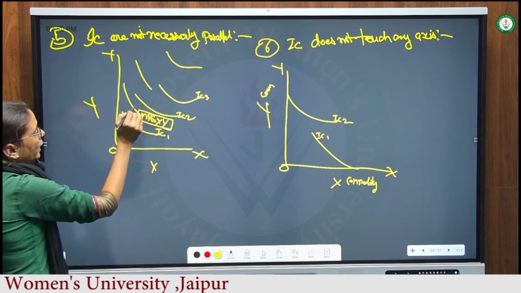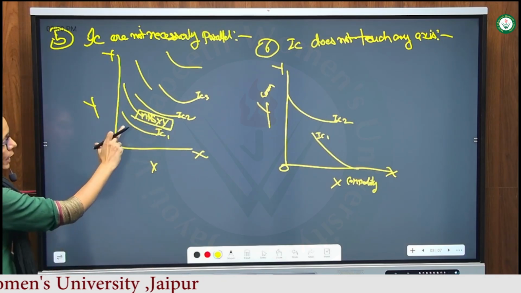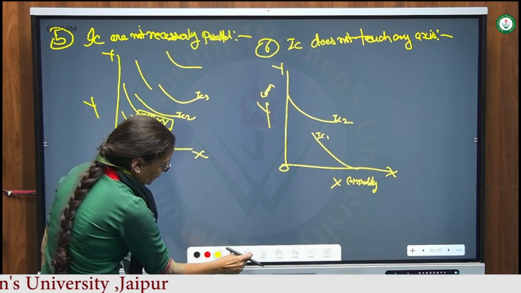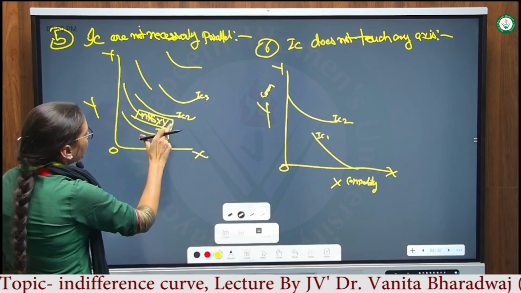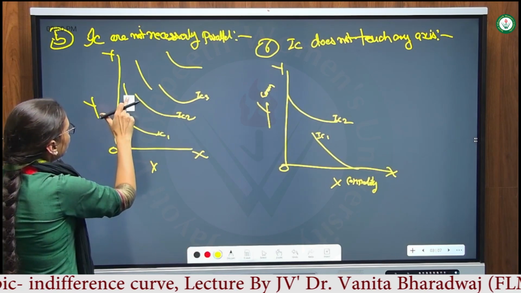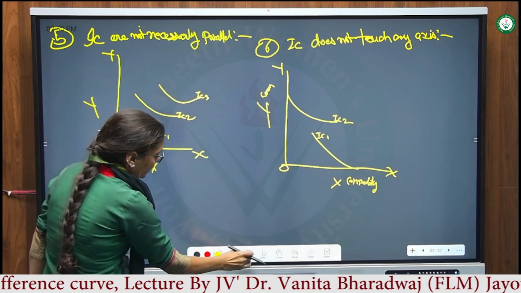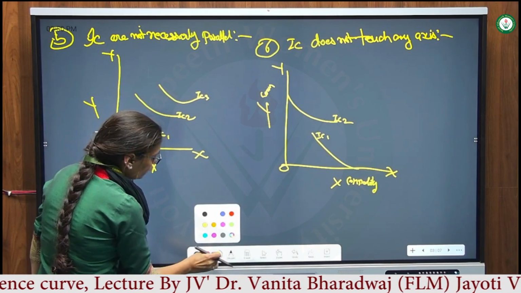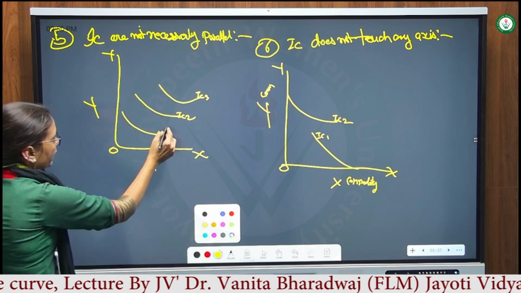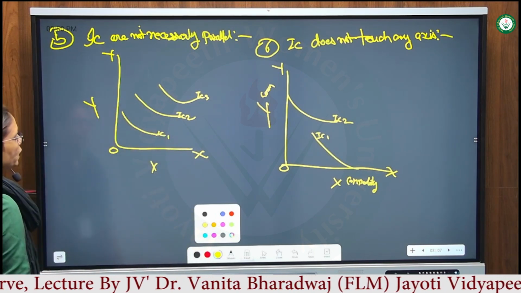That's why indifference curves are never parallel to each other, because different levels of satisfaction are given by different indifference curves, and the marginal rate of substitution is always different.